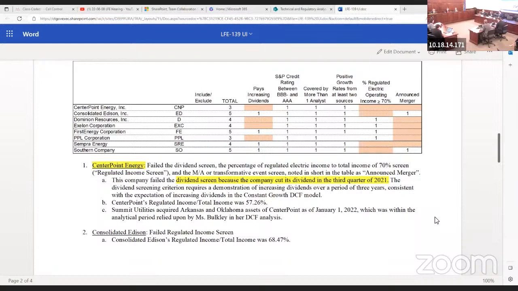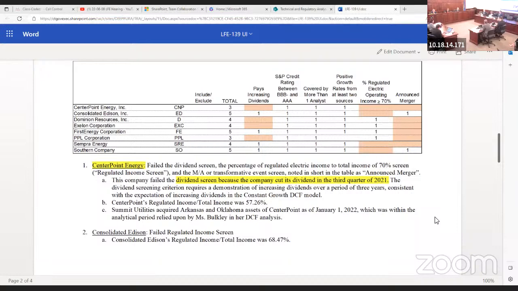Right. Well, my proxy group data would have started when this case started. Just see what we used as the screening criteria. Obviously, the screens would have been based on when we filed the direct evidence in this case, using data from July 2022.